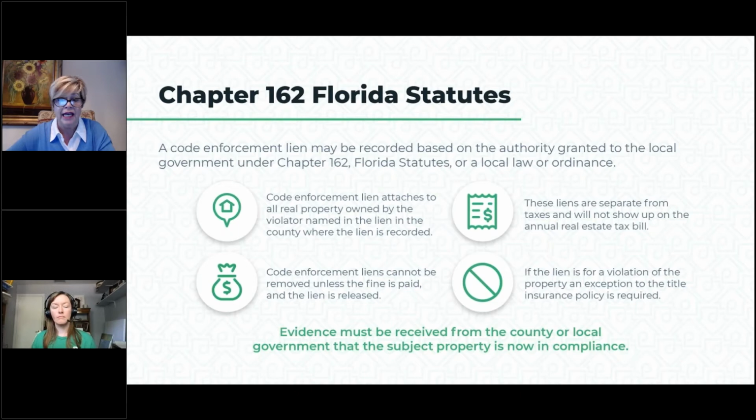And if the lien is for a violation of the property, an exception, again, to the title insurance policy is required. So evidence must be received from the county or the local government that the subject property is now in compliance in order for the exception to the policy to be addressed.